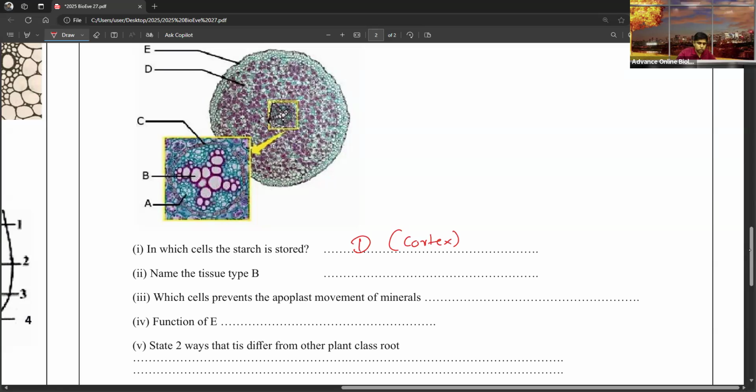Name the tissue type B. B, primary xylem. Which cell prevents the apoplastic movement? Endodermal cells.